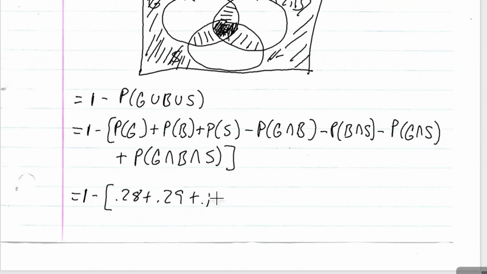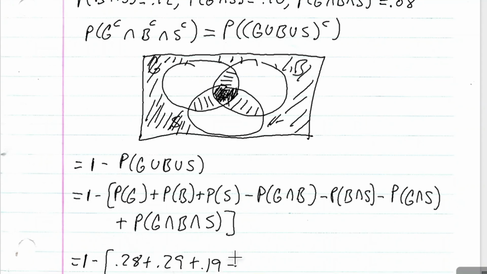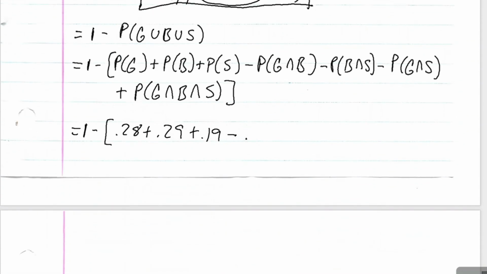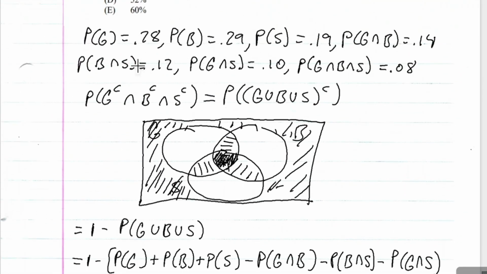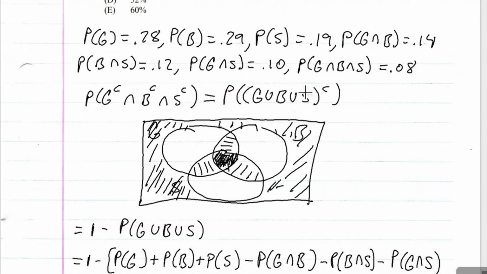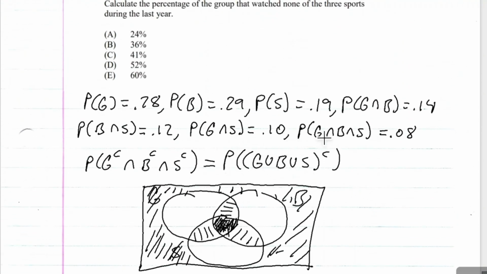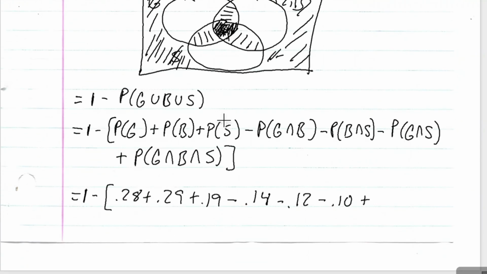And then minus G intersection B is 0.14, minus B intersection S, which is 0.12. The probability of G intersection S is 0.10. And the probability of G intersection B intersection S is 0.08.